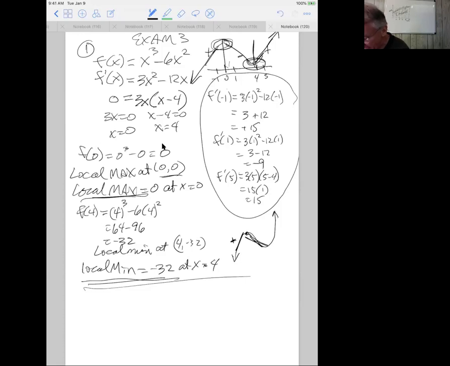It's negative, it's decreasing here because of these numbers. I got a positive 15 as the slope. And at 1, we got a negative, -9. So I did the calculation and I got a negative value.